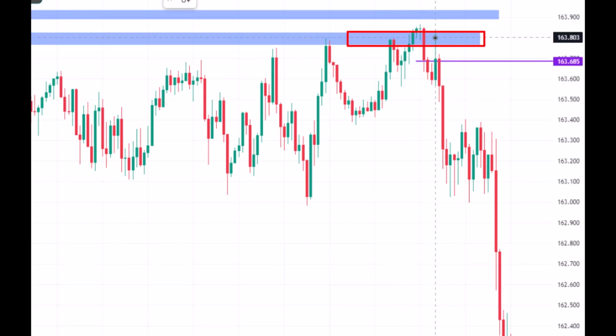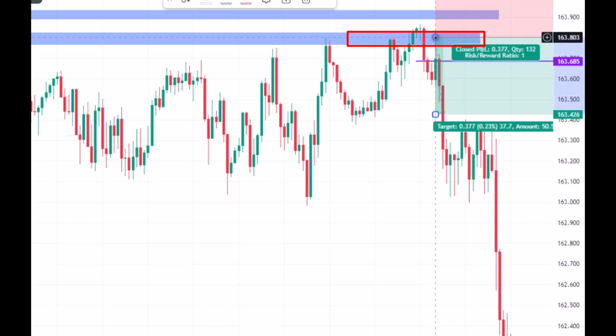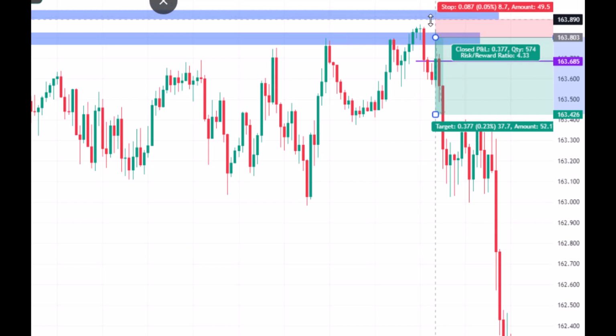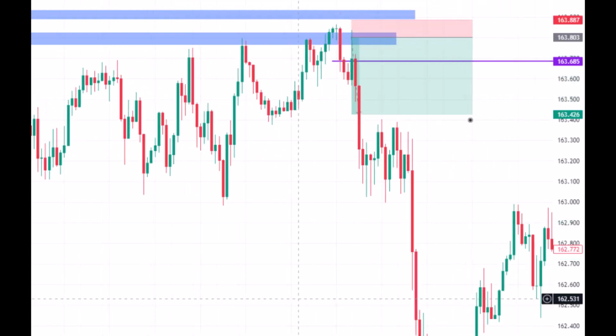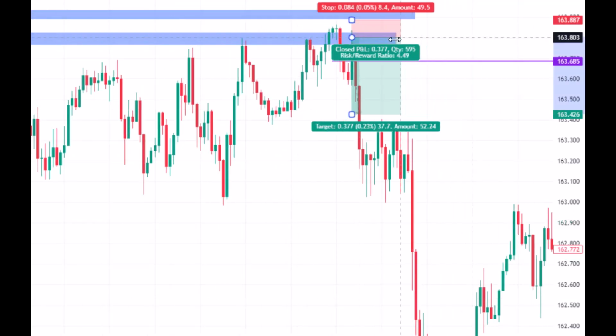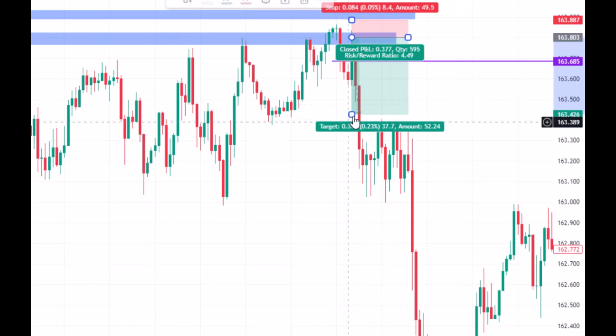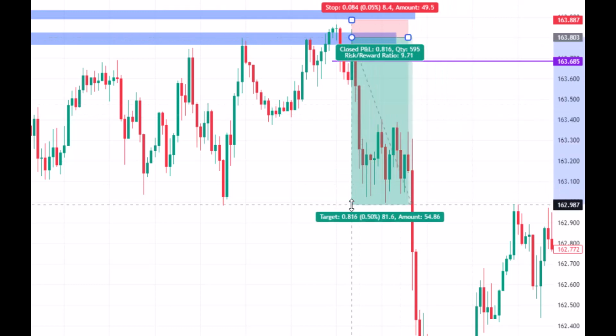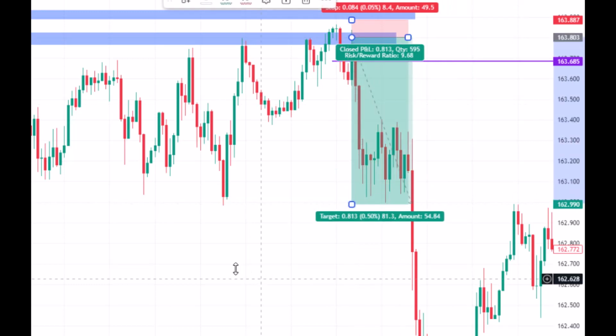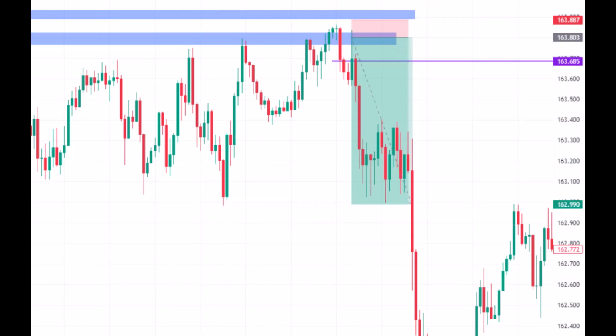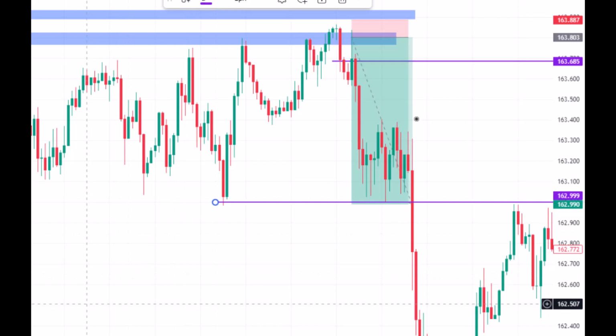As you can see, price came and retested that same level. There, you can take that trade and your stop loss slightly below, as you can see. And then the market drops all the way to the downside. You see, the next level of structural low at that level.